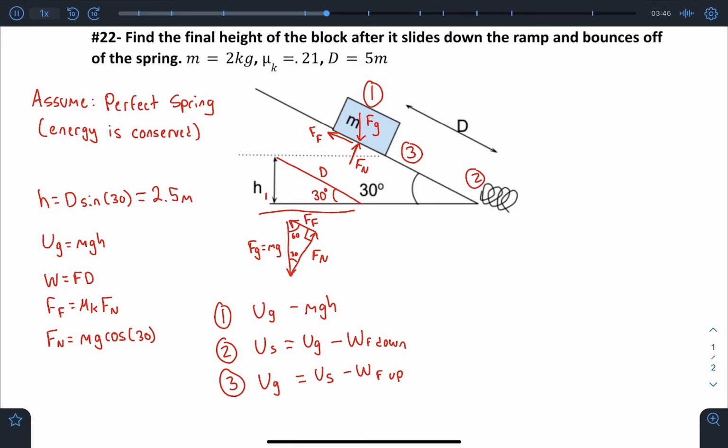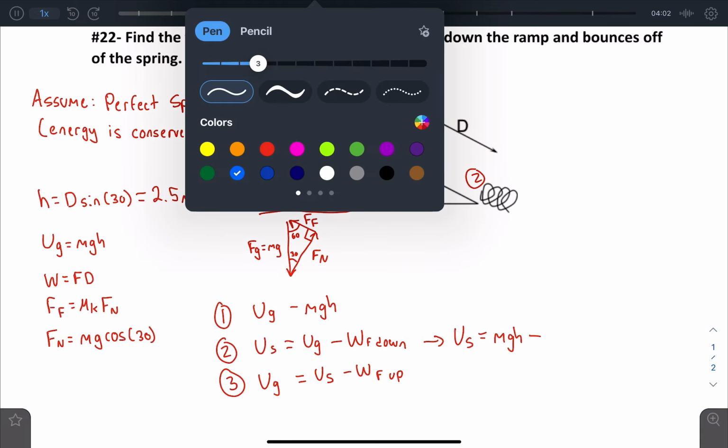Taking these equations and working them out a little bit, we can start at point 2. We know that the spring potential energy is equal to the initial gravitational potential energy, which is just mgh, minus the work done by friction on the way down.